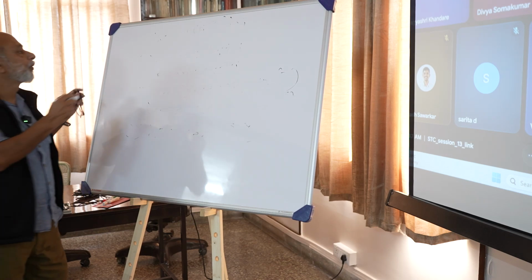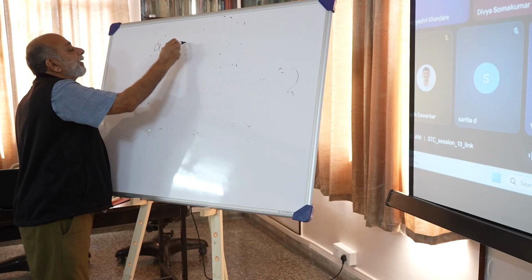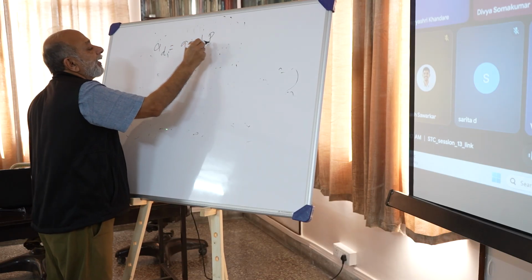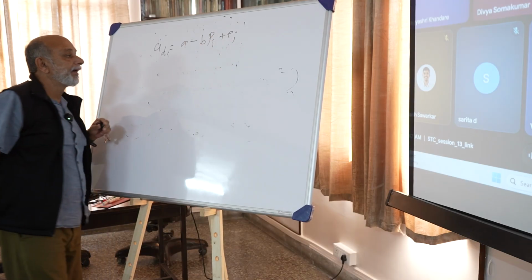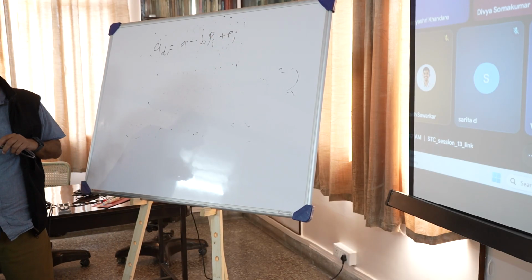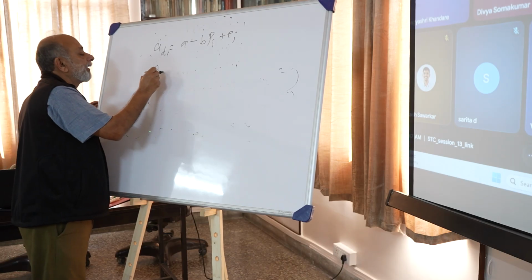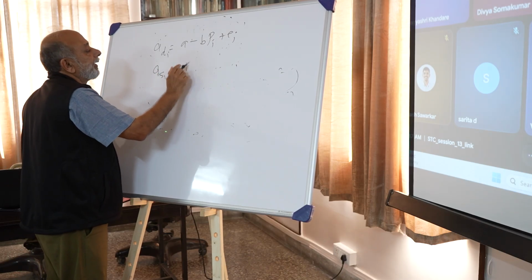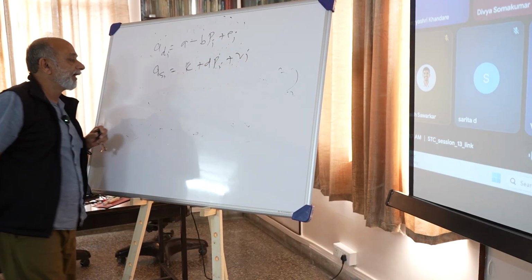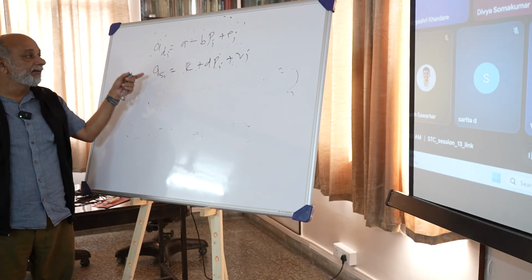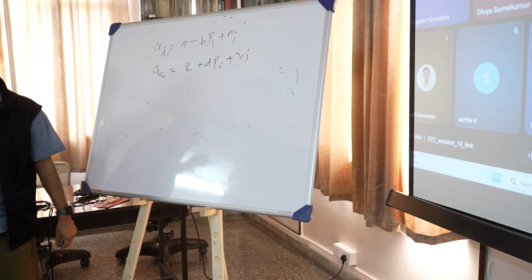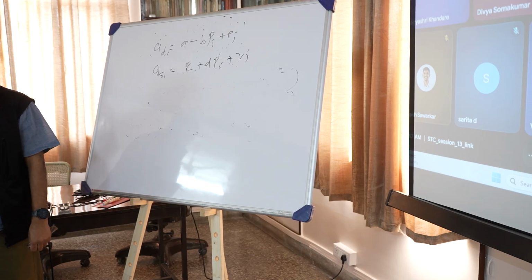So quantity demanded is A minus B PI plus some error term EI. Quantity supplied in the market is C plus D PI plus some error term VI. This is the demand curve, this is the supply curve. The demand curve is downward sloping, the supply curve is upward sloping.